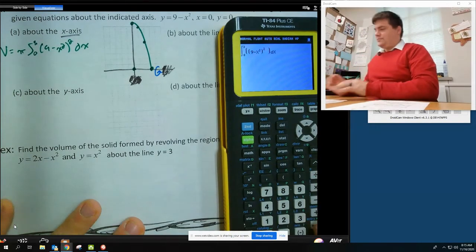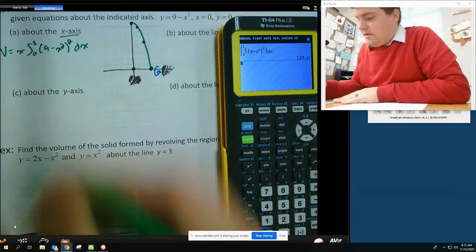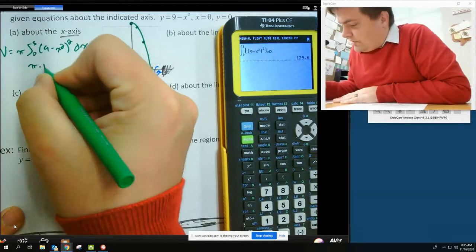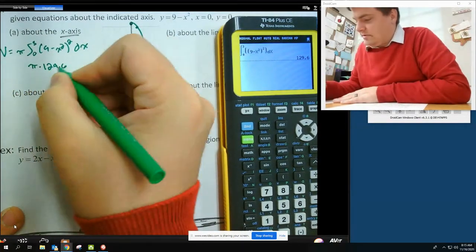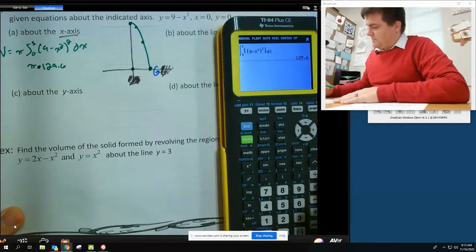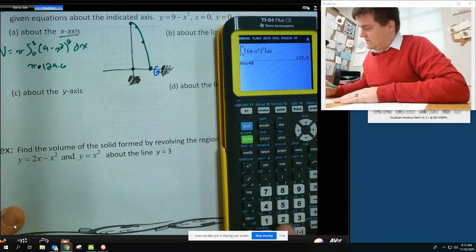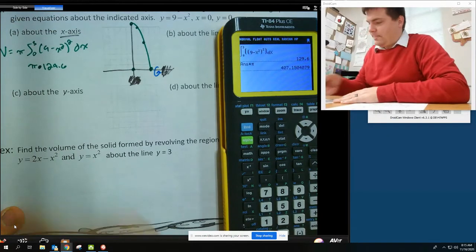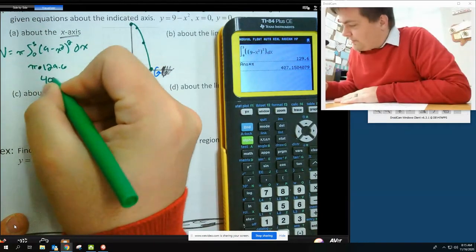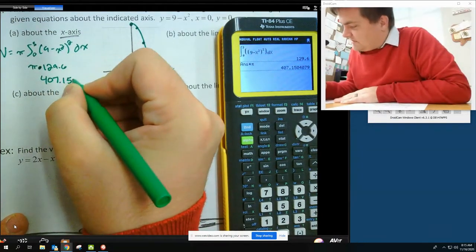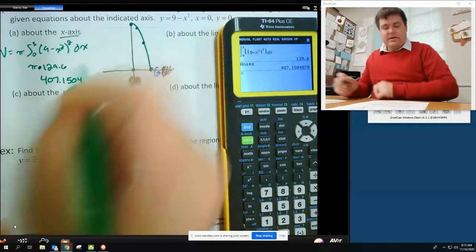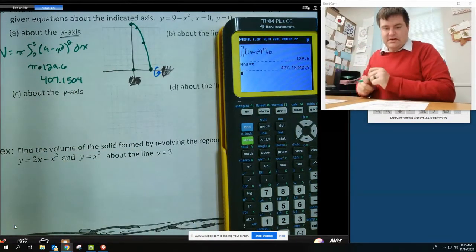And there we go. So the answer is going to be pi times 129.6. And then multiply that by pi. And then we're going to get 407.1504, and that's going to be units cubed.